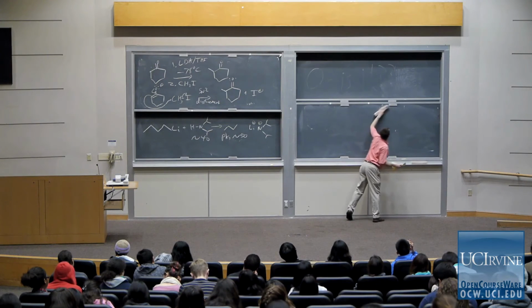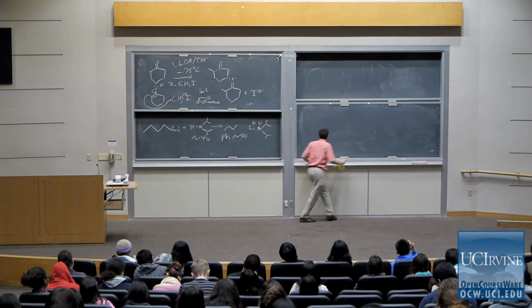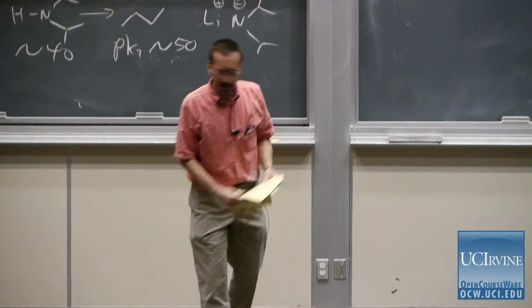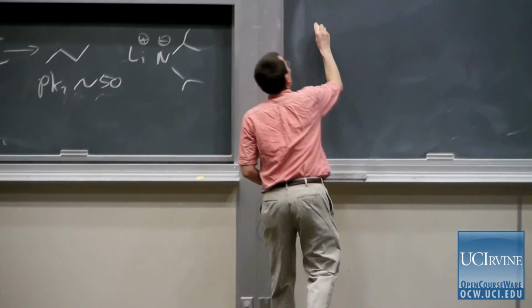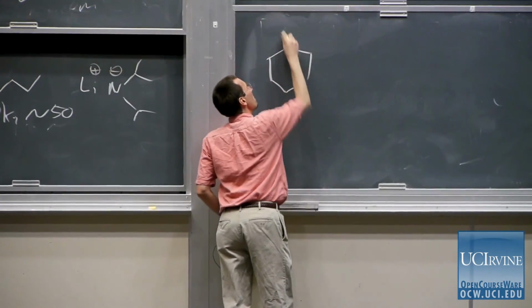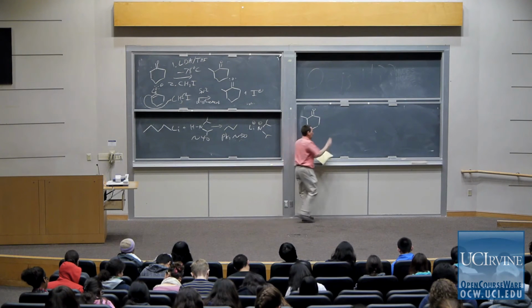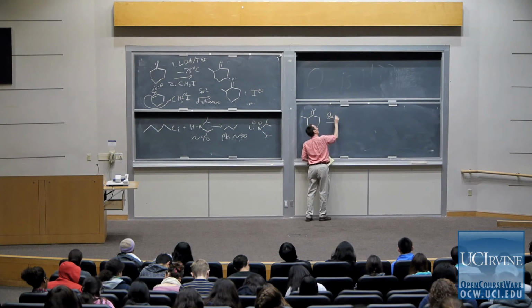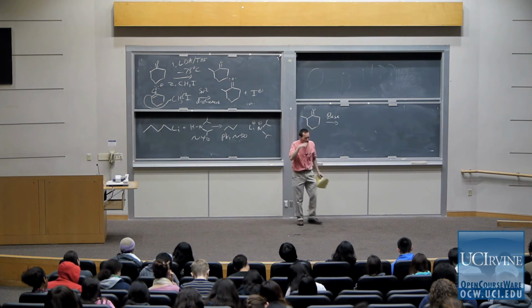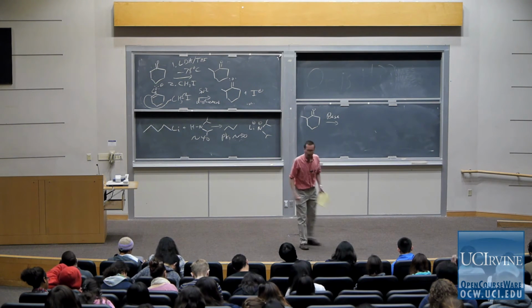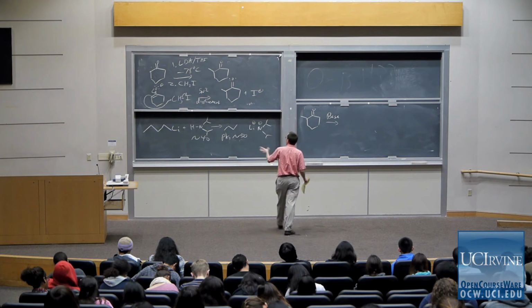All right. Let's have some fun now with variations among enolates. So, let's imagine we have our methyl cyclohexanone, and we treat it with base. Now, we can get two different enolates. We've got two different types of alpha protons.